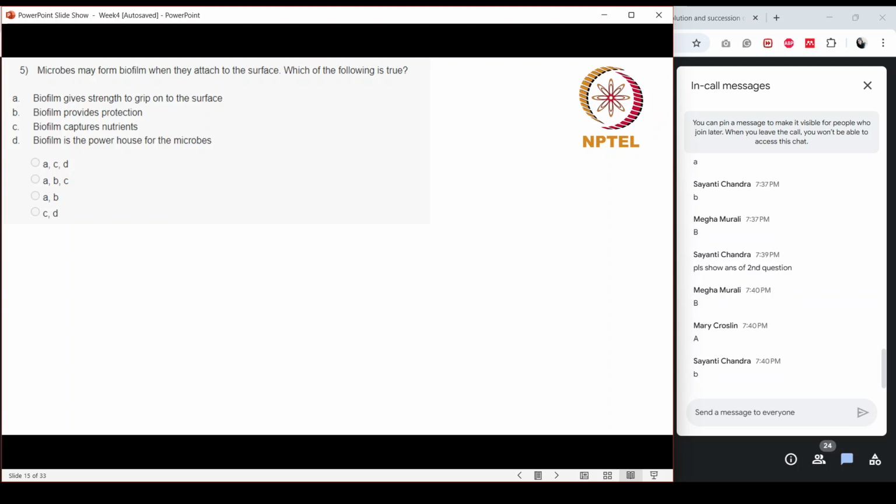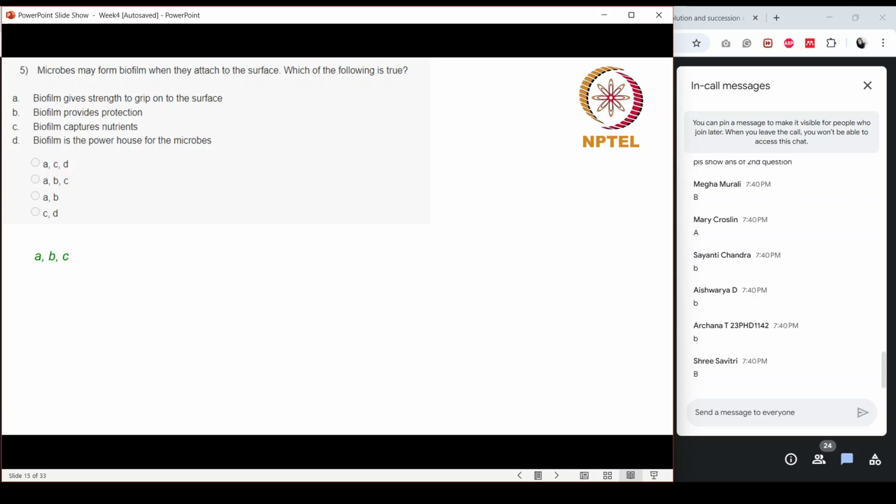Option A and option B are 50-50. So the correct option is option B, that is A, B and C.